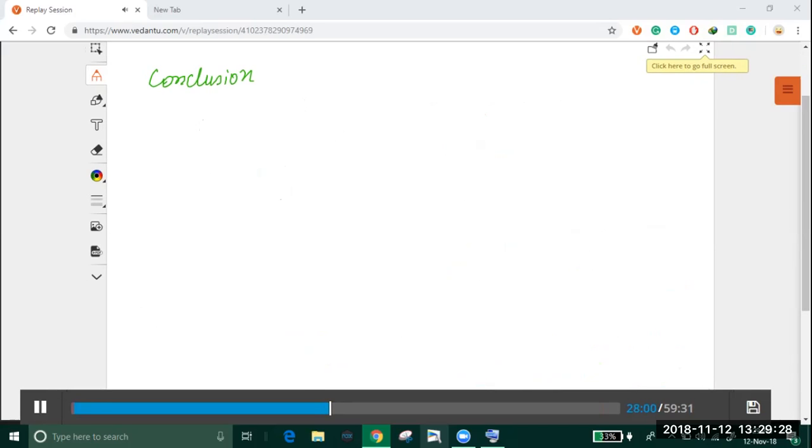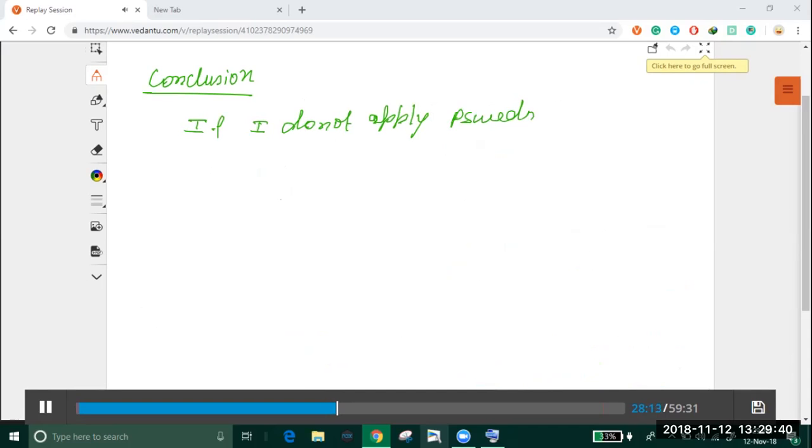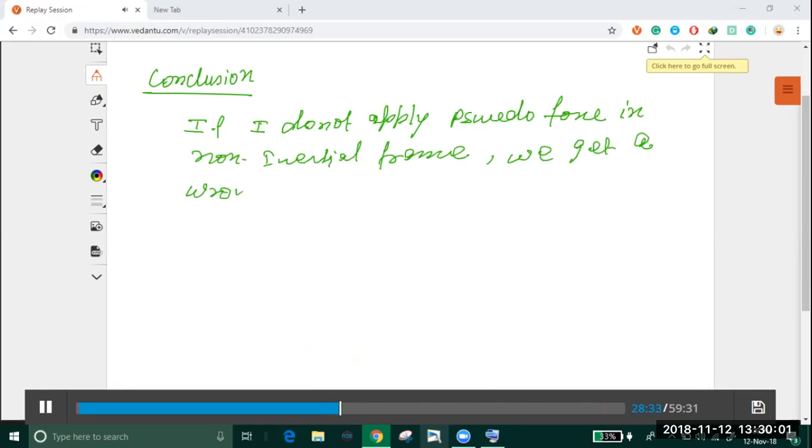If I do not apply pseudo force in a non-inertial frame, we get a wrong result. Right? We get a wrong result.